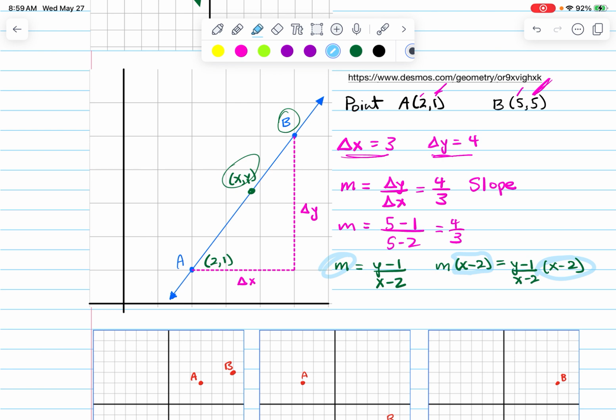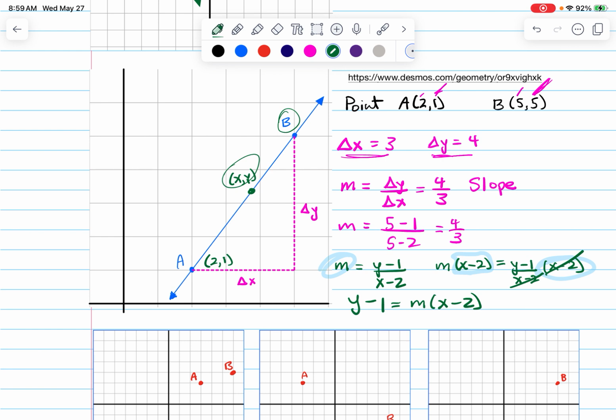I can do that because I've got an equation there. And dig this. When I do that, the x minus 2 divides out over here, and look what I've got. On one side of the equation, I've got y minus 1 equals m times x minus 2. And there it is. This is the point-slope form of a line. This is an equation for the line.